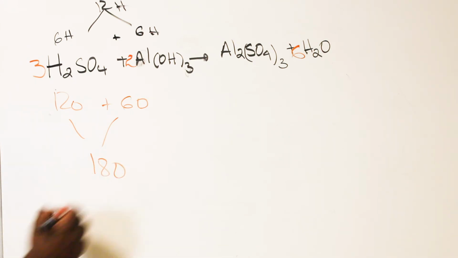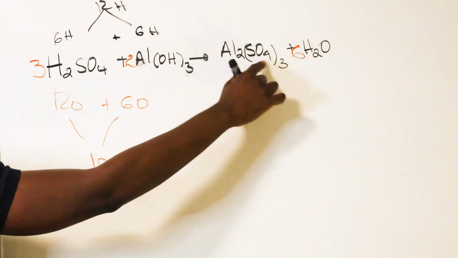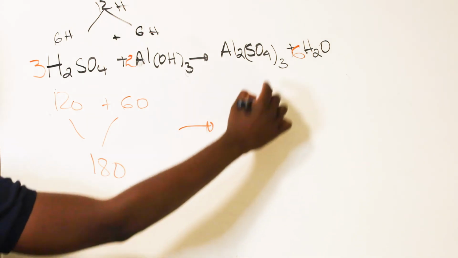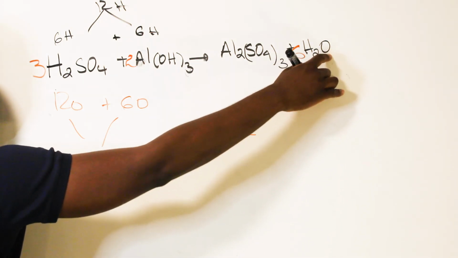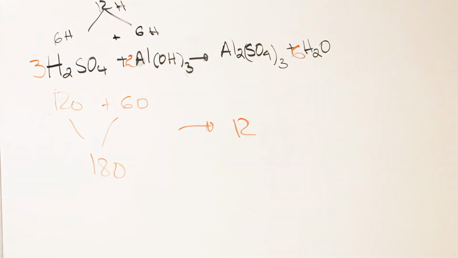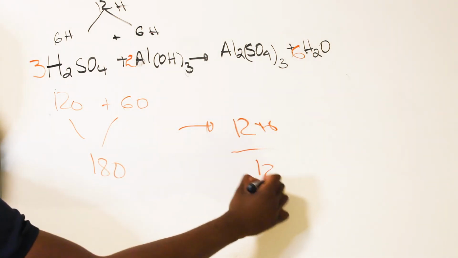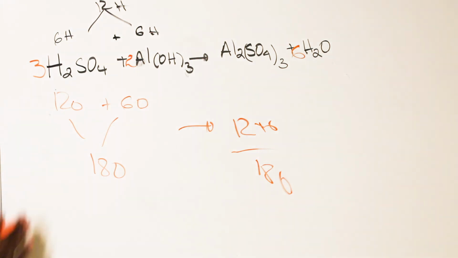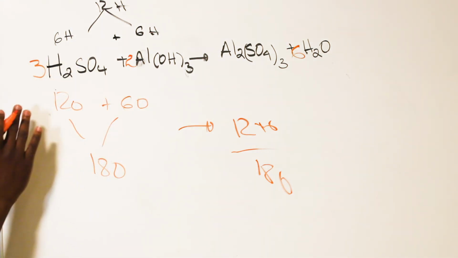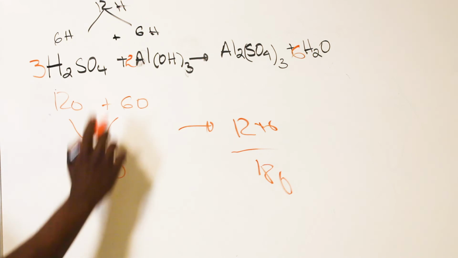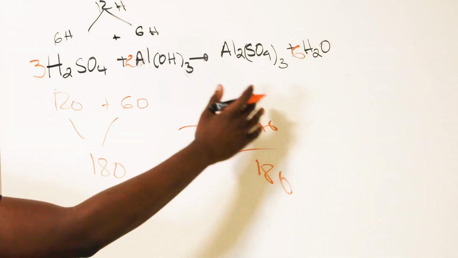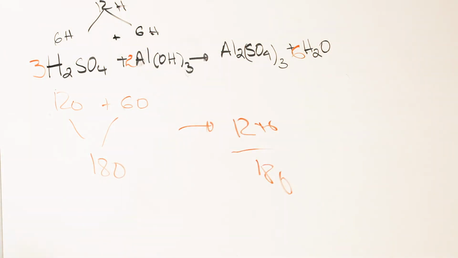On the other side, if I check, I still have 18. 3 times 4 is 12 plus 6 times 1. This has a 1, which, just like in math, we just forget about that subscript. So 6 times 1 is 6, plus 12. So I have 18 O on my reactant side and 18 O on the product side. So my equation is balanced.